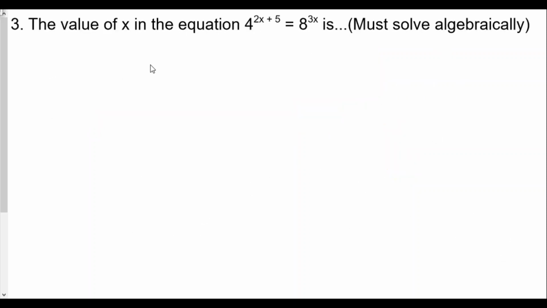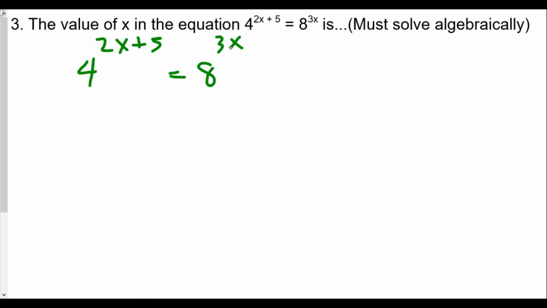The value of x in the equation 4 to the 2x plus 5 equals 8 to the 3x is, we want to solve for x, and we must solve algebraically. We learned before that when you have an exponential equation, the goal is to get the bases equal to each other.